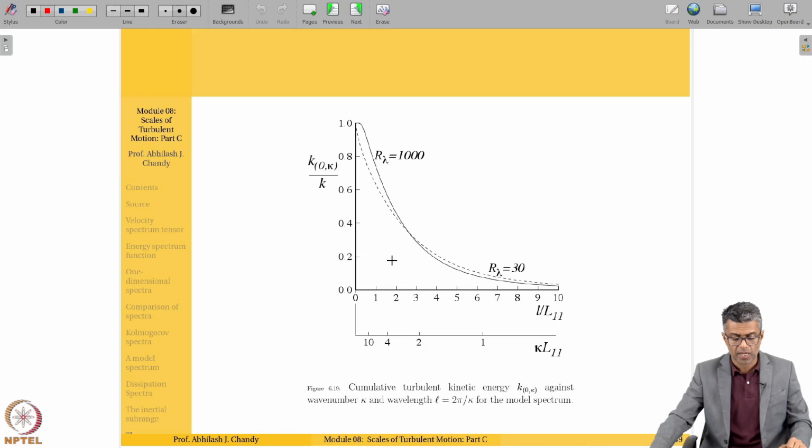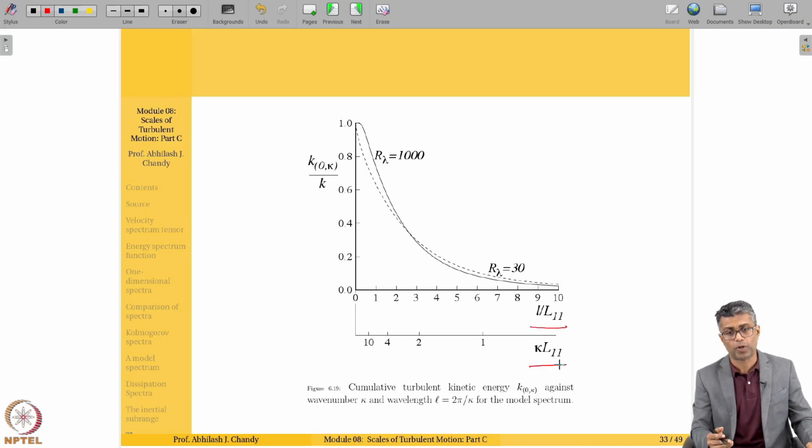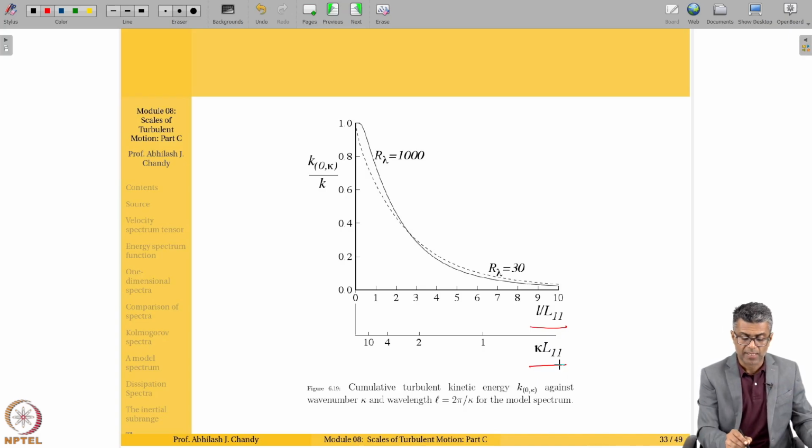So as you can see, it is plotted here, and two different Reynolds numbers are shown: one is R lambda equals 1000 and another one is R lambda equals 30. On the x-axis, it is L over L11 and also kappa times L11. Since kappa is inversely proportional to L, as L is increasing here, kappa is obviously decreasing.